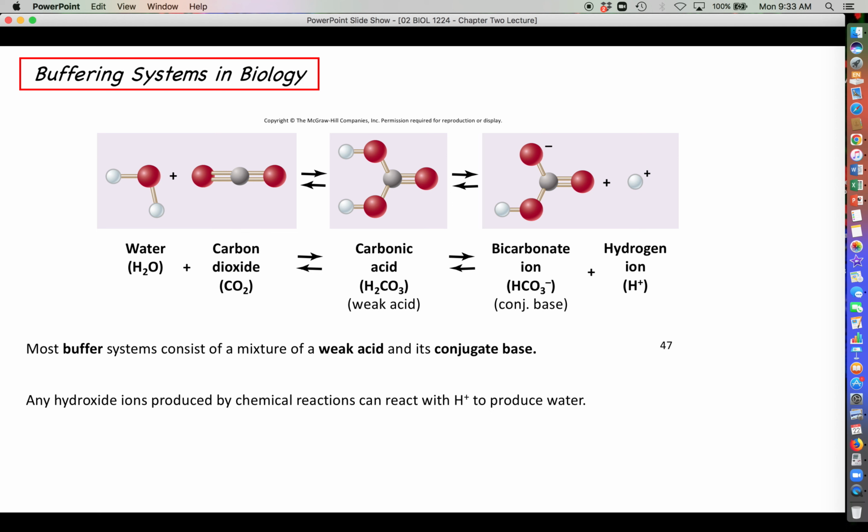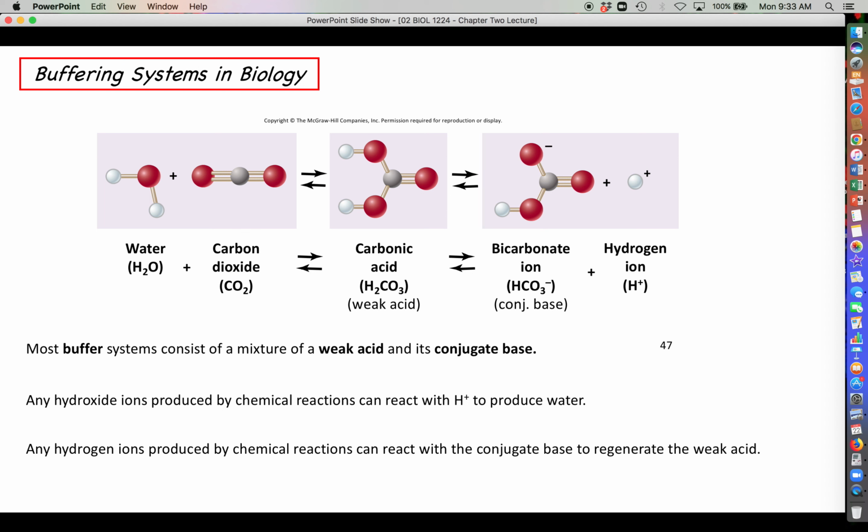So if we have a chemical reaction that produces a whole bunch of hydroxide ions, which would increase the pH by a whole lot, instead of increasing the pH, those hydroxide ions can just react with any extra hydrogen ions here to make a water molecule so that we kind of nullify the contribution from that hydroxide ion.